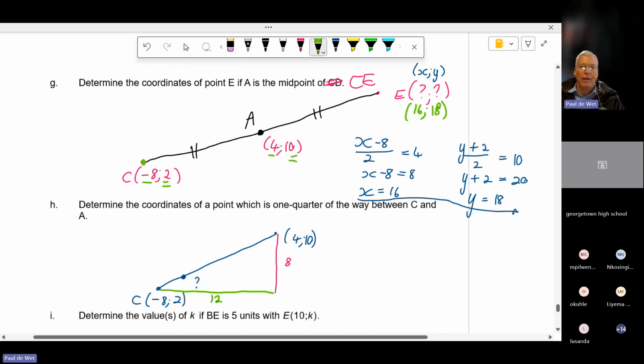Now, what is 1/4 of 12? 1/4 of 12 is 3. So this point is going to be -8 plus 1/4 of 12. That's going to be the x value. The y value is going to be 2 plus 1/4 of the y change.